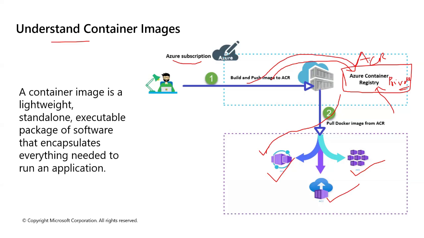I'll store the application images in the ACR, and I'll pull the images whenever I require, either to create container applications, a Kubernetes application, or container instances. So a container image is a lightweight, standalone, executable package of software that encapsulates everything needed to run an application. Simple, right?